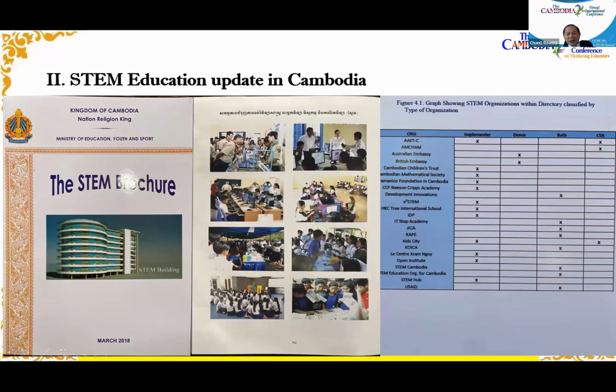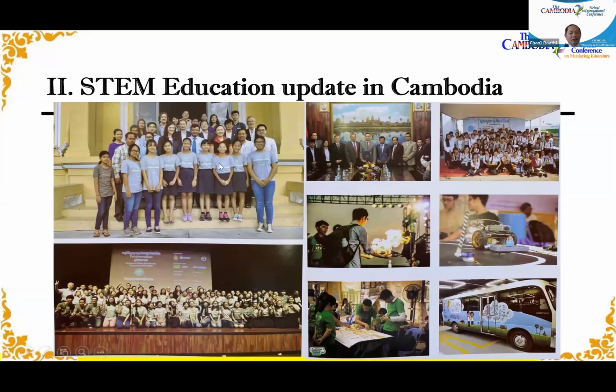We have a lot of activities for this, such as Technovation and the STEM bus, which will go around the whole country, to 25 provinces and Phnom Penh city, and do exhibitions by schools and training workshops for teachers as well.